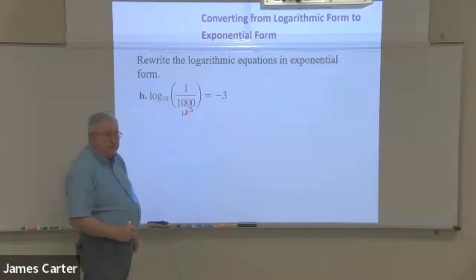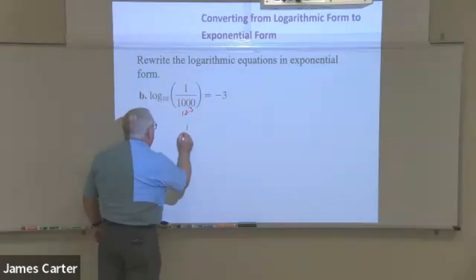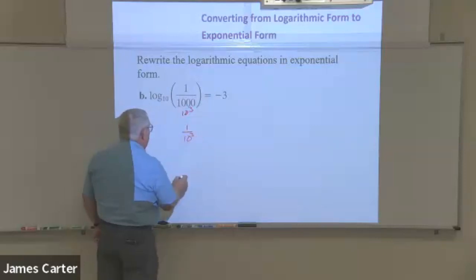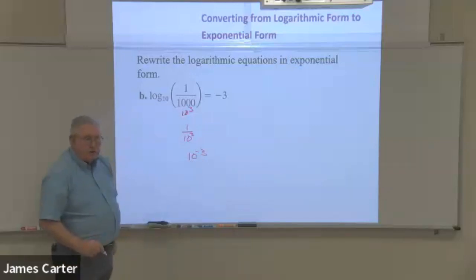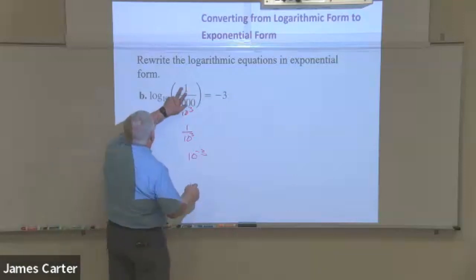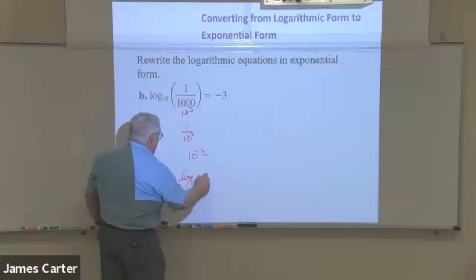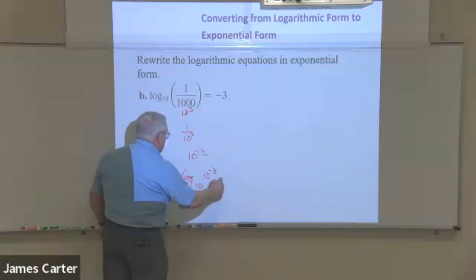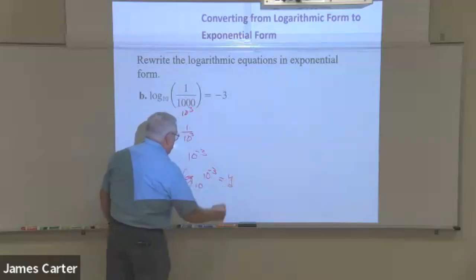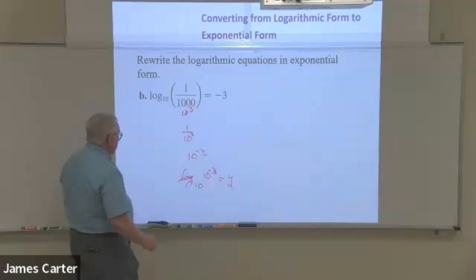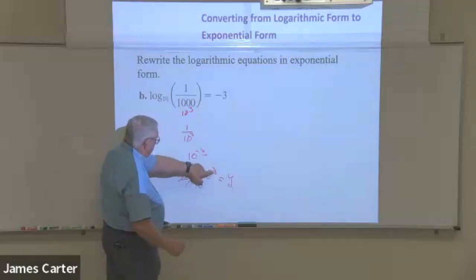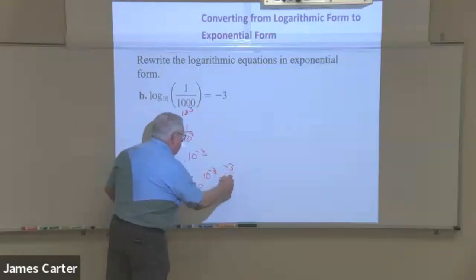So 1/10 to the third, that in turn could be written as 10 to the negative third. Agreed? So I could rewrite this problem as log base 10 of 10 to the negative third equals, don't know. Well, 10 to what power makes this? Well, it's going to be -3.